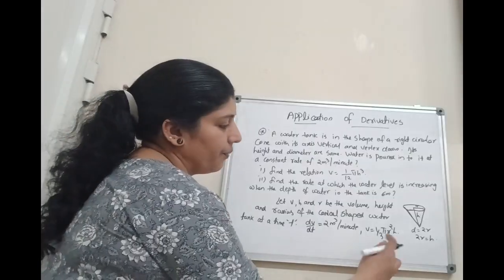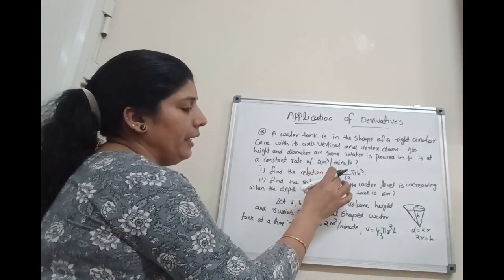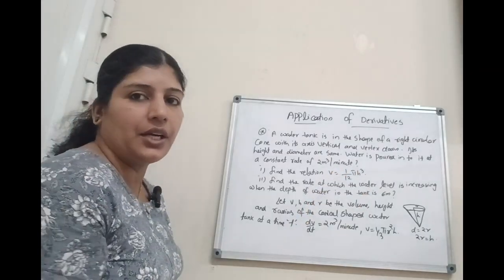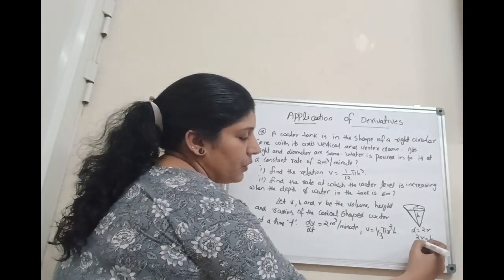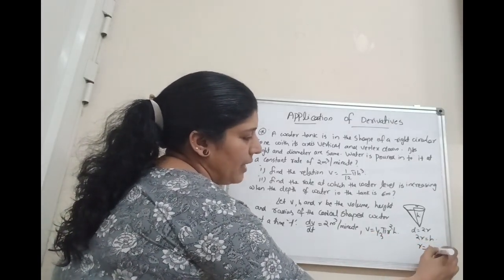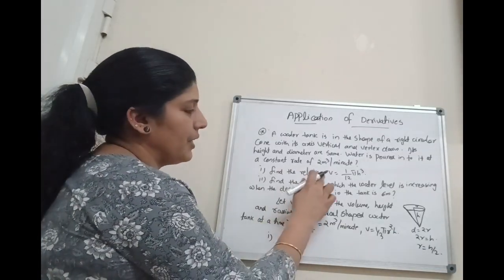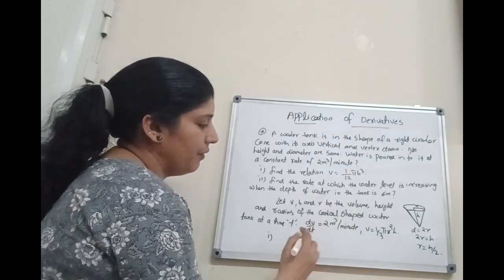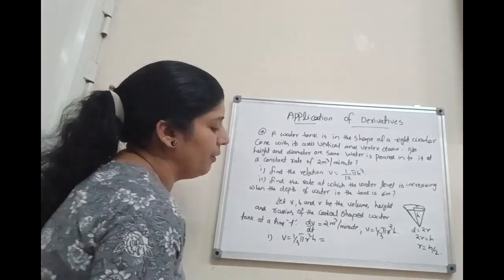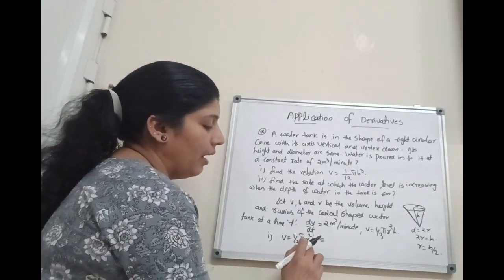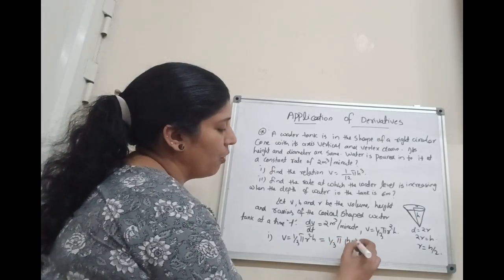Now first we have to prove the relation volume V equal to 1 by 12 pi h cube. The given condition is that the diameter and height are the same. Therefore 2r equal to h, therefore r equal to h by 2. Substituting in V equal to 1 by 3 pi r square h, with r equal to h by 2, we get 1 by 3 pi into h by 2 whole square into h.